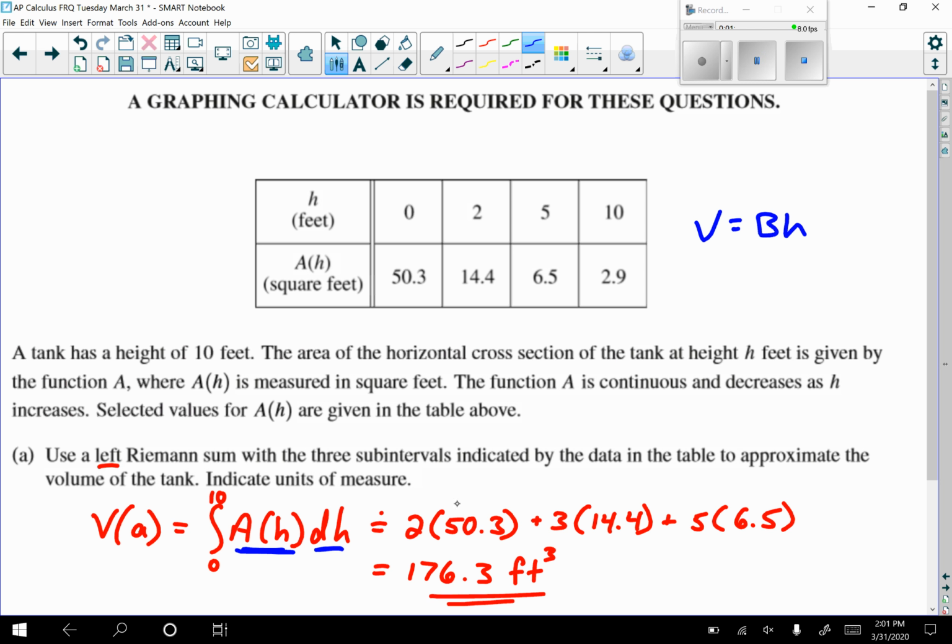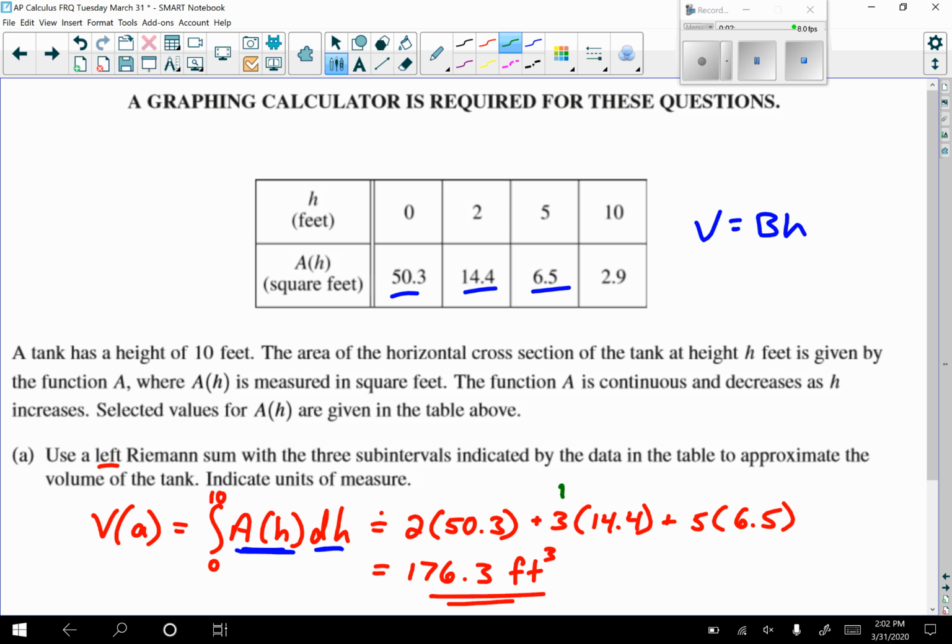When we write the approximation, our first distance between the heights is going to be 2, and we're looking at all the leftmost endpoints. So we have 2 times the height of our rectangle, 50.3, plus the distance between 2 and 5, which is 3, times a height of 14.4, and then the distance between 5 and 10, which is 5, and the height of that rectangle would be 6.5. And then you would just calculate this.